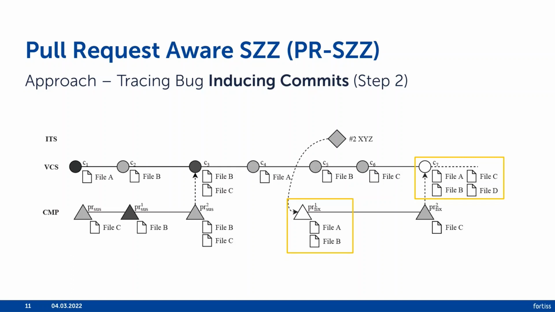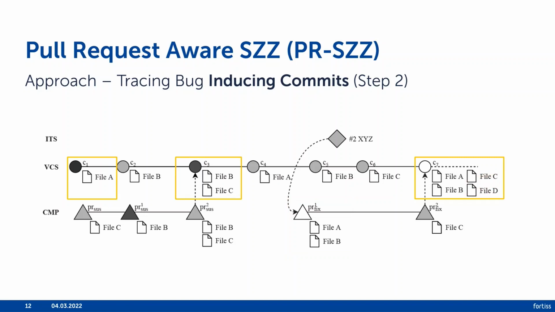We now can see that all files, file A, B, C, and D, would be traced using traditional approaches. However, when we look at the pull request, we can filter the inner commits of the pull request and see that only file A and B are fix related. So we would only trace file A and B with our new approach.